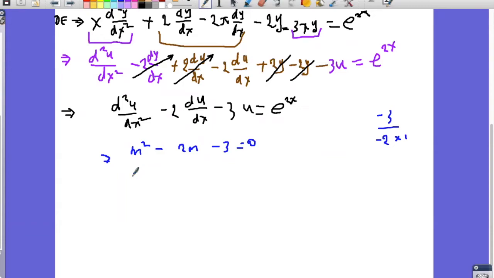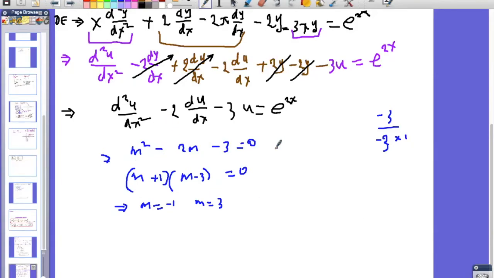So we'll have m plus 1 times m minus 3 equals 0. That gives us m equals negative 1 or m equals 3.